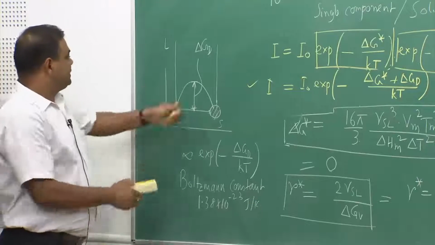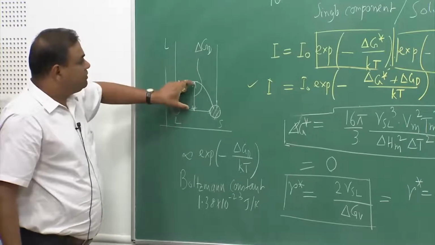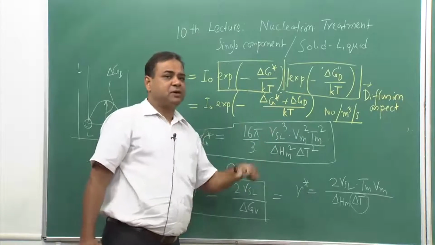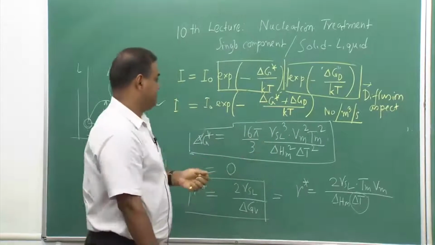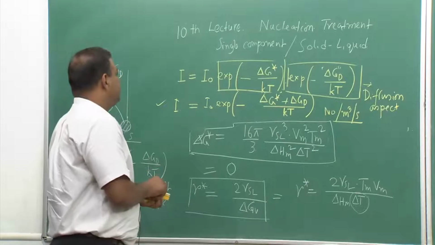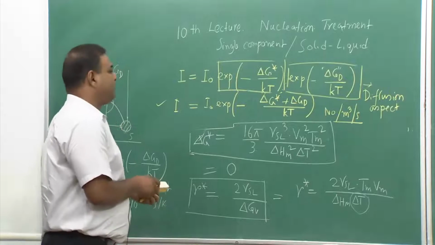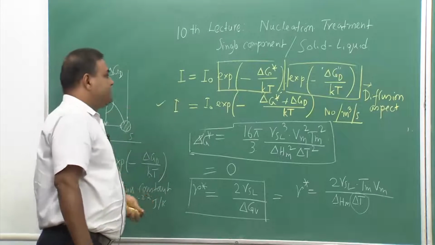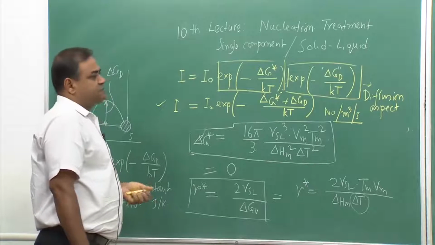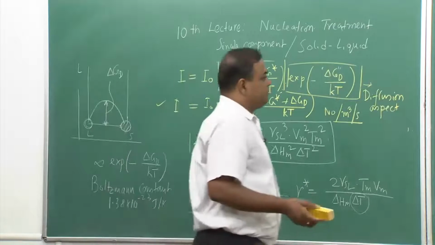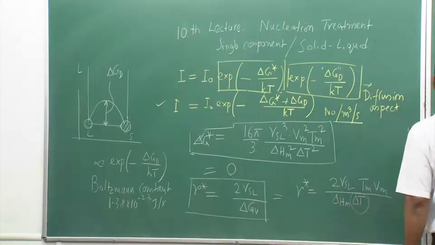So, now this particular term is sitting there because it talks about the jump of a liquid atom going to the solid surface. Now, if we try to see the variation of R star and the variation of I, we can get some interesting information. Let us see that information in the form of a graph.